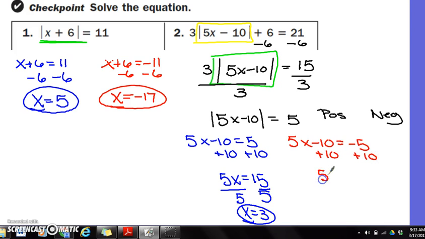I'm going to get 5x will equal a positive 5. Divide through by 5, and x will equal 1. So your 2 answers here are 3 and 1. And again, pause the tape, make sure everybody has it down, and everybody's doing this correctly.